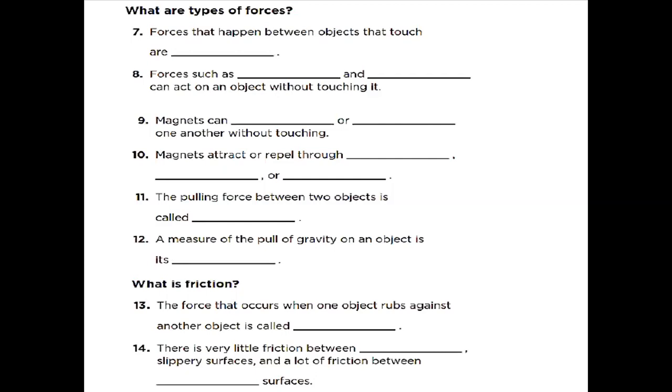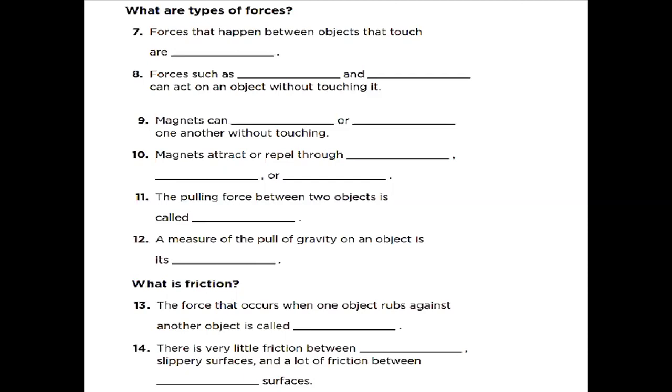Number eleven, the pulling force between two objects is gravity. Twelve, a measure of the pull of gravity on an object is its weight. Thirteen, the force that occurs when objects rub against one another, this is the key word, is called friction.